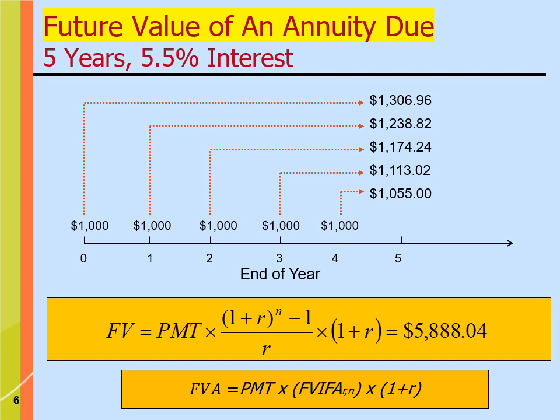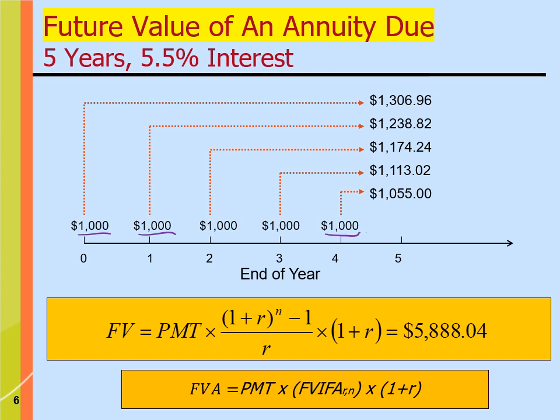For the annuity due, on the other hand, notice in the timeline that each cash flow of 1,000 appears at the beginning of year 1, beginning of year 2, until beginning of year 5.